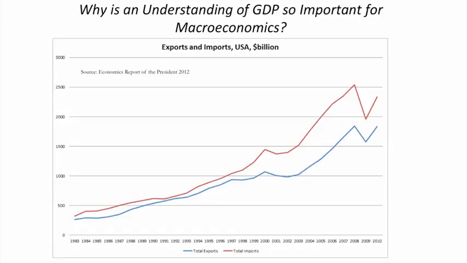What you can also see from the chart is that in recent times the gap between imports and exports has widened considerably. And there's a lot of debate about this and what it actually means and where it's coming from. You'll hear some commentators say, well, this shows how inefficient US industries are.